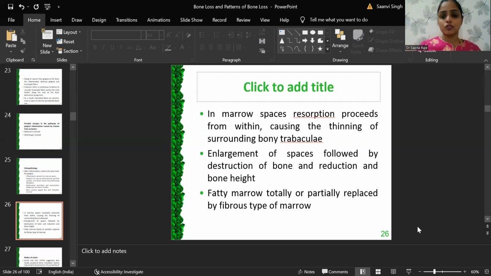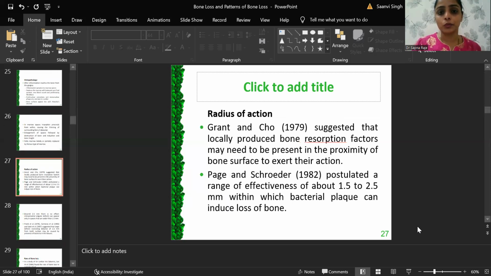In marrow spaces, resorption proceeds from within, causing thinning of the surrounding bone trabeculae. Enlargement of spaces is followed by destruction of the bone and reduction in bone height. So this is how the marrow is totally or partially replaced by fibrous marrow.